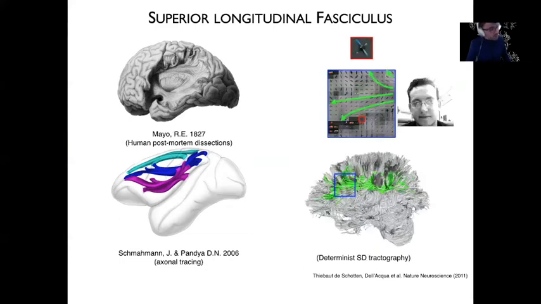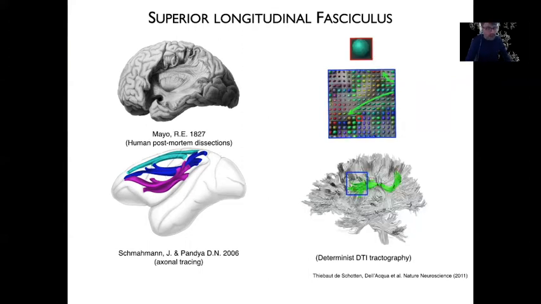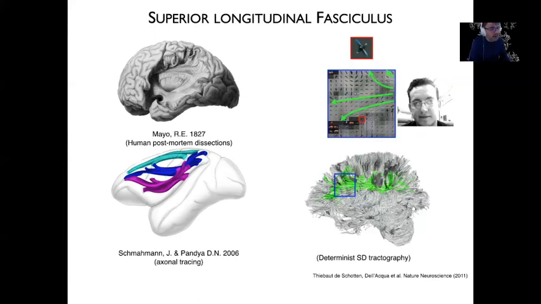Fortunately, I met Professor Dell'Acqua, who was a postdoc like me at that time, who dedicated his life to modeling this crossing. And from these little spheres that you can see at the top, we went to these stars that actually model the interaction between different populations of fibers in every voxel.